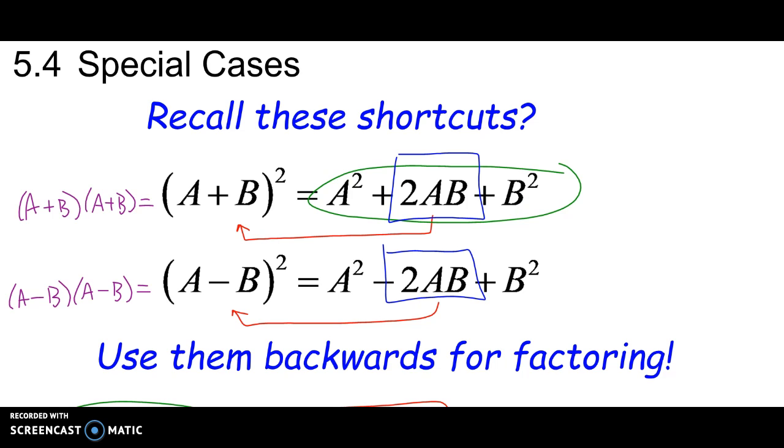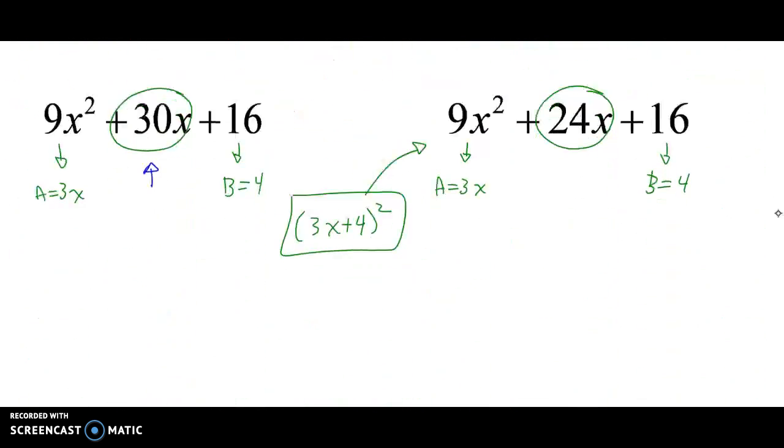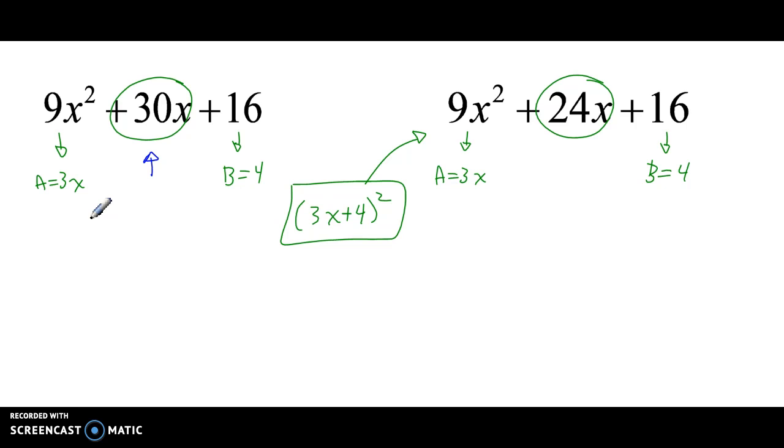The middle has to be 2ab. If we go back and look at this, 2 times 3x times 4 is 24x, not 30x. 30x is not 2ab. And what that means is the shortcut does not apply to that problem.